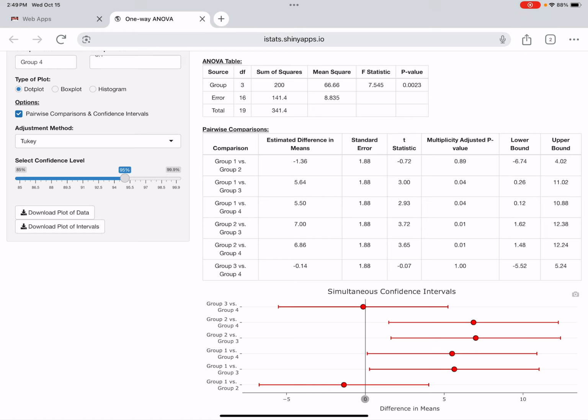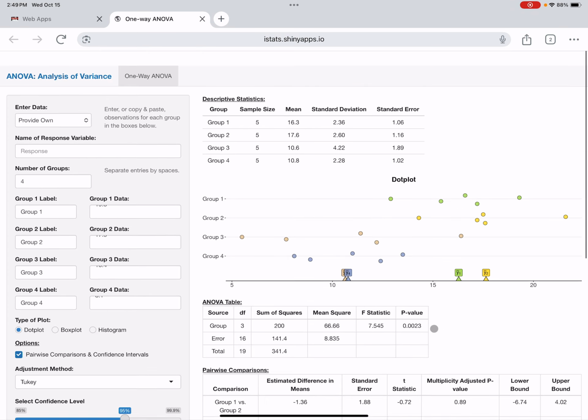So any interval that contains 0, you would not reject the null hypothesis, okay? And so you can see that there are two intervals where we wouldn't reject the null, and that's when we compare 1 and 2, and when we compare 3 and 4. So 1 and 2 are probably the same, 3 and 4 are probably the same, but all other group comparisons are finding a difference, okay?